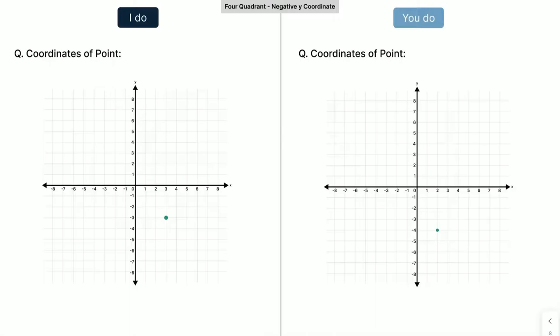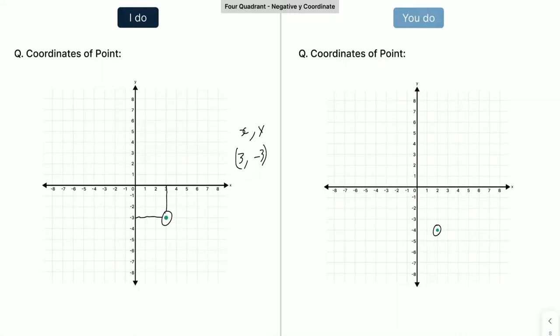Now with this one, again, we're going to circle the coordinate, and we're going to read x first. You have to be careful here, it's x first, that's 3. And then we're going to read y, and that is -3. Again, press pause and have a go at the one on the right.